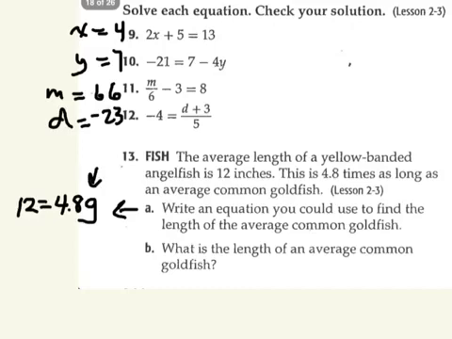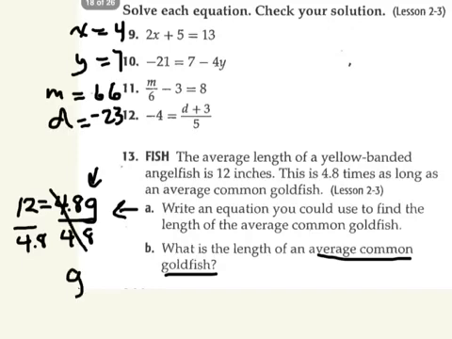So I'm using G for the length of an average goldfish. So that's our equation. And now with that equation, we're going to calculate the length of an average common goldfish. So really, we're just going to solve. Dividing both sides by 4.8, we get that G is equal to 2.5 inches.